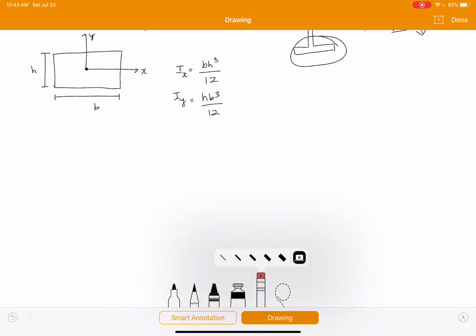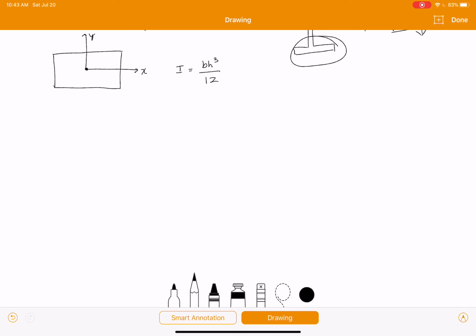But the way I like to think about it is to just remember this equation right here.